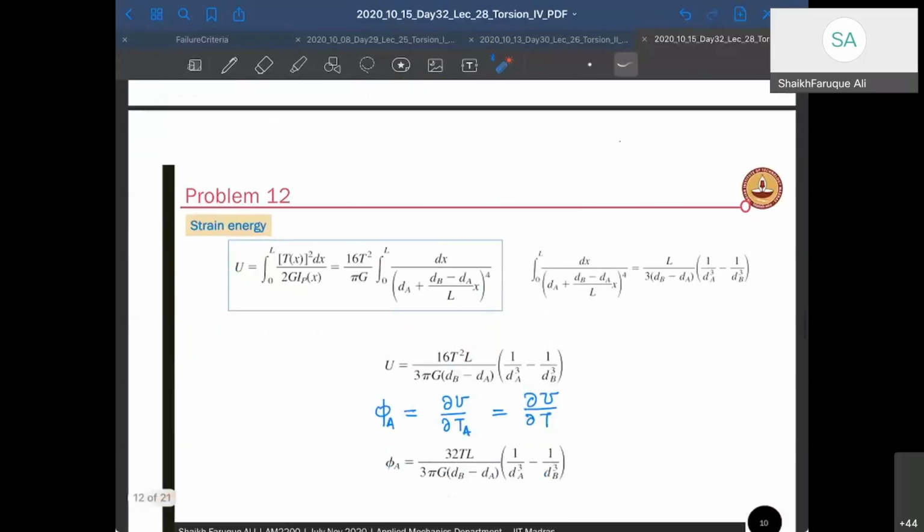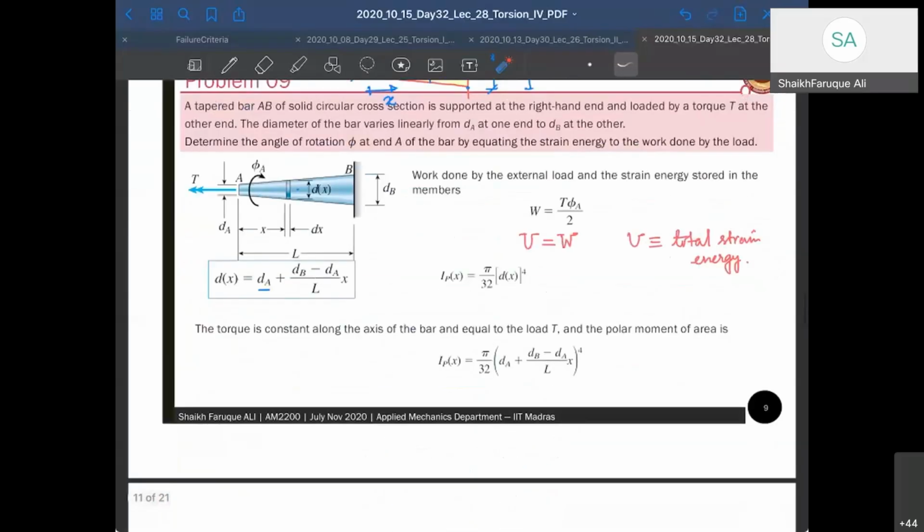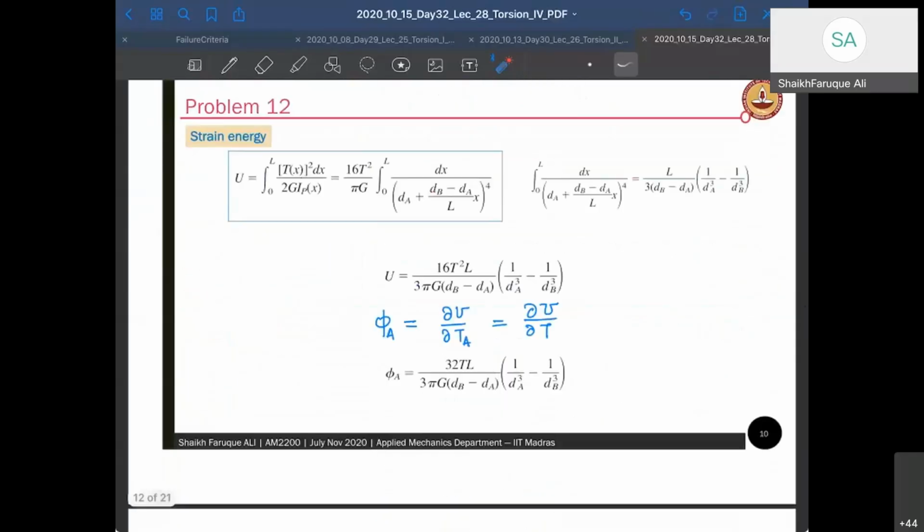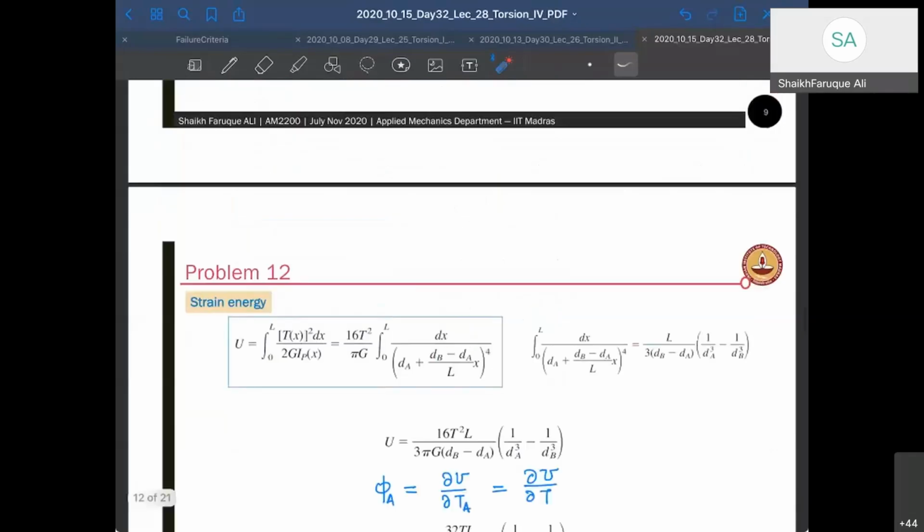Don't forget that. Now, if you want to find how much the deformation is going to be at this location A, because of this torque given here, what is going to be the twist there? By deformation, I mean twist, okay, for a member under torsion. Phi of A is going to be dU by dTA, right? Now, TA is a point load, so I don't have to change anything.